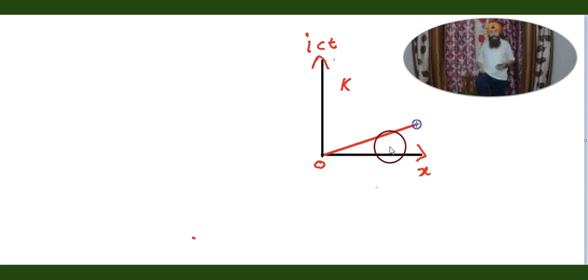Now we consider another frame. This frame is called K, with x-axis and ICT axis. And we have another set of coordinates, another plane.